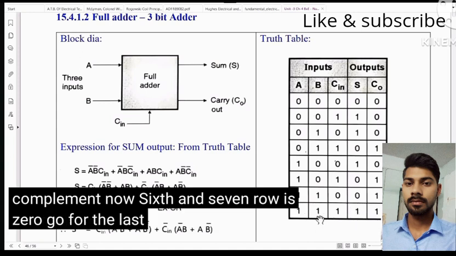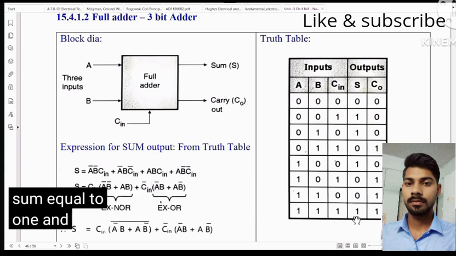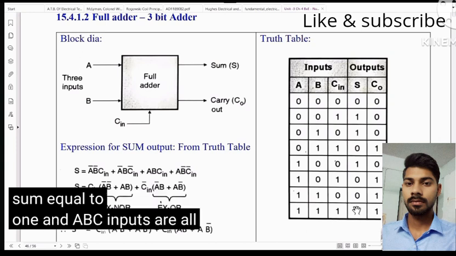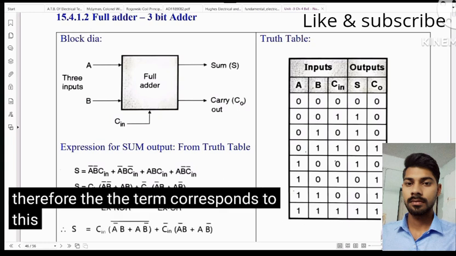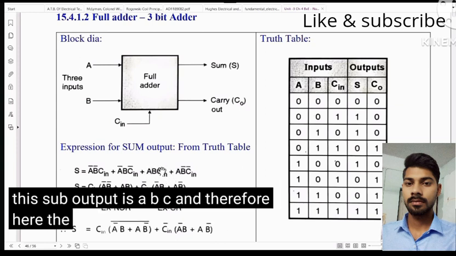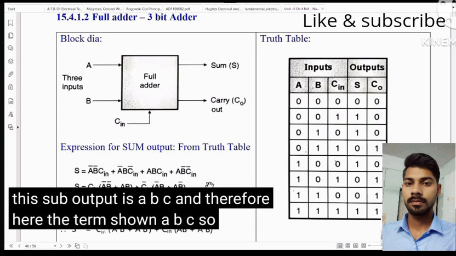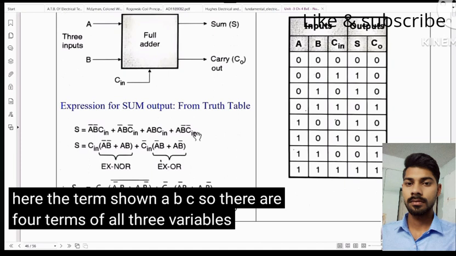Go for the last 8th row where sum equal to 1 and ABC inputs are all 1. And therefore, the term corresponding to this sum output is ABC. So there are four terms of all three variables present.